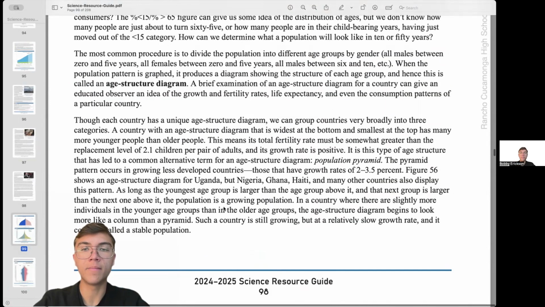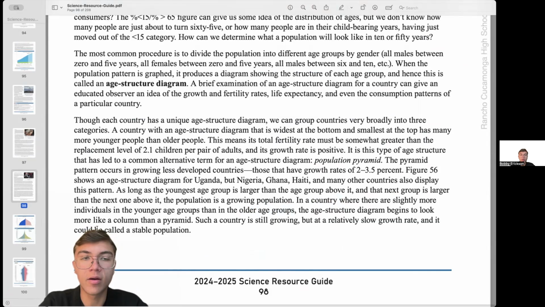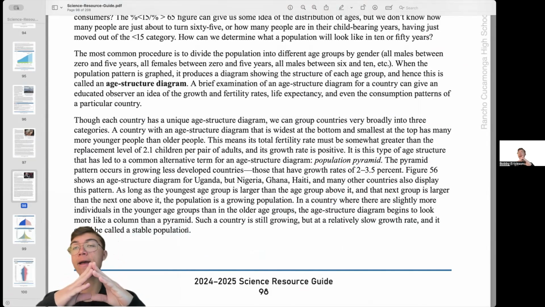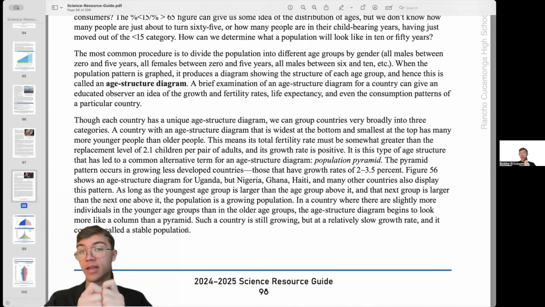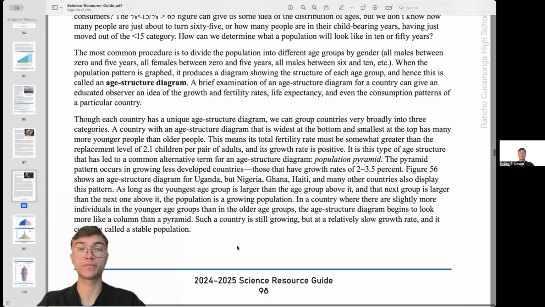There are probably slower growth rates here, reflecting an older age group. We're looking at a column, which is actually called a stable population. So just remember, a population pyramid means there's a high growth rate, and a column usually shows a stable population in usually more developed countries with older age groups.